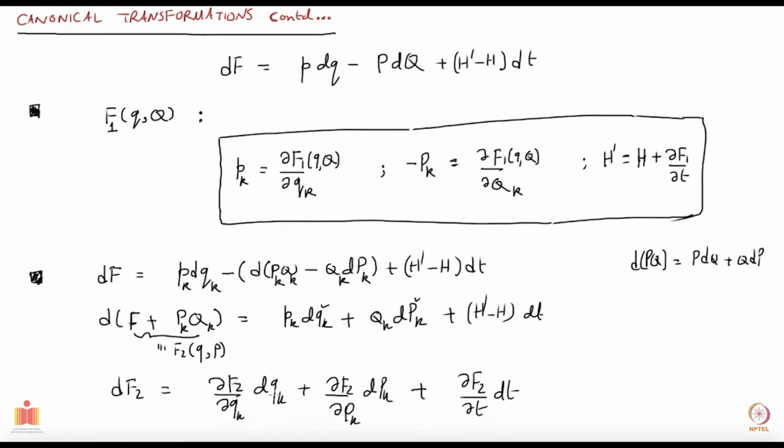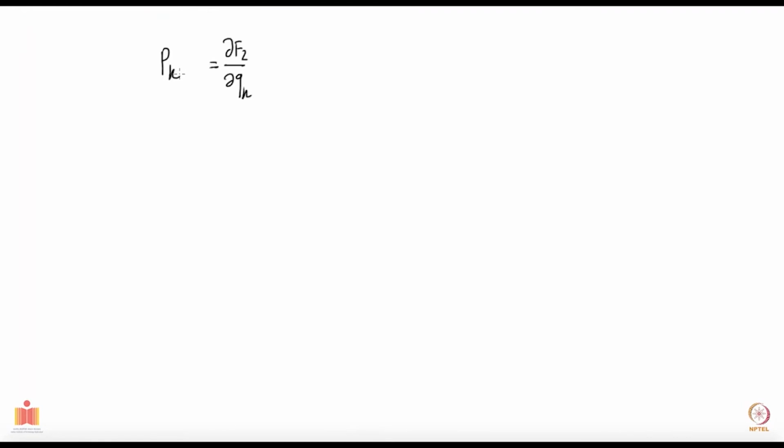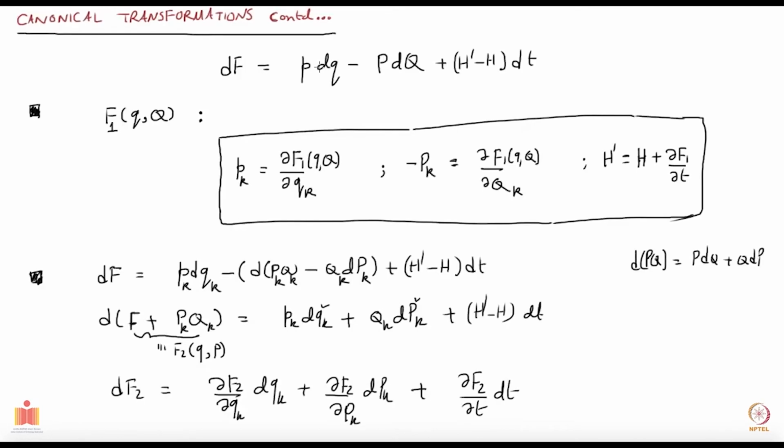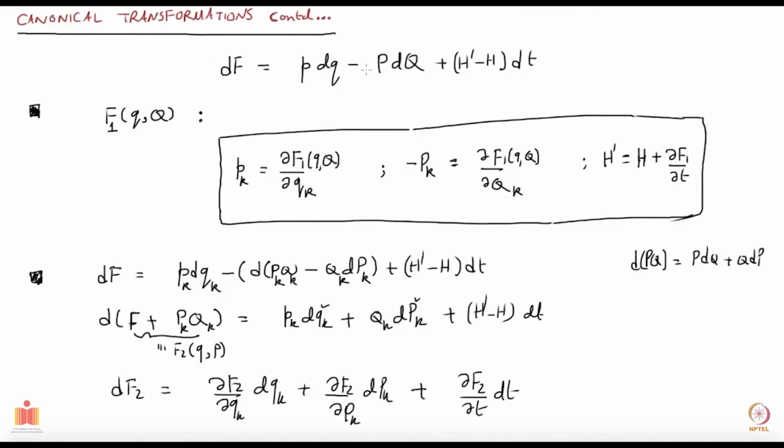Now if you compare these two, you will get del f2 over del small qk as small pk. And del f2 over del capital Pk is equal to capital Qk.